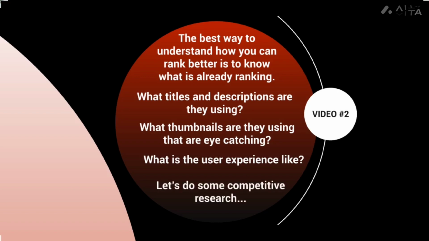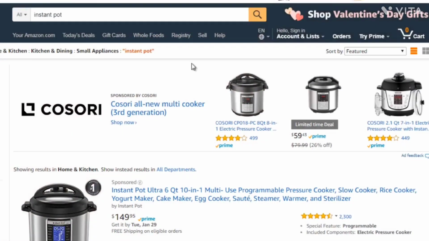Let's go ahead and do some competitive research. To make sure that we find YouTube videos that actually relate to promoting a product, I'm going to pick a product out of the blue and take a look at YouTube.